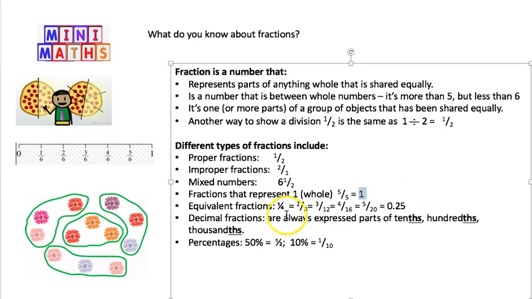And you've got equivalent fractions, so this little quarter can appear as 2/8, 3/12, 4/16, 5/20, or as a decimal fraction, which is 0.25. Decimal fractions are always expressed as tenths, hundreds, or thousands, but that's another big idea for another day. And the other tricky way that fractions turn up is as percentages.